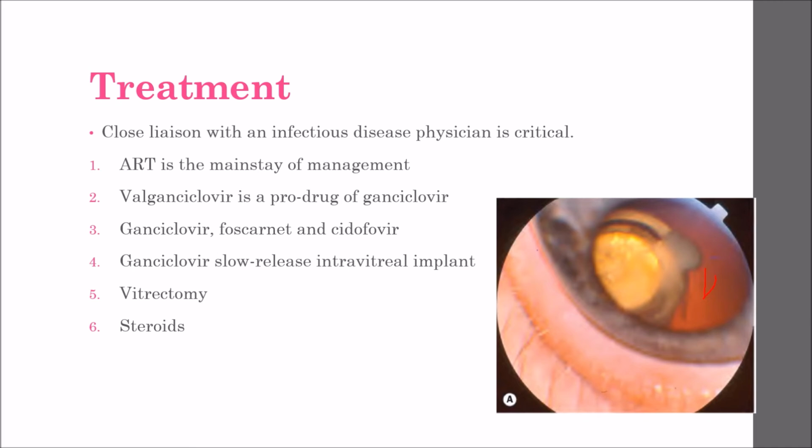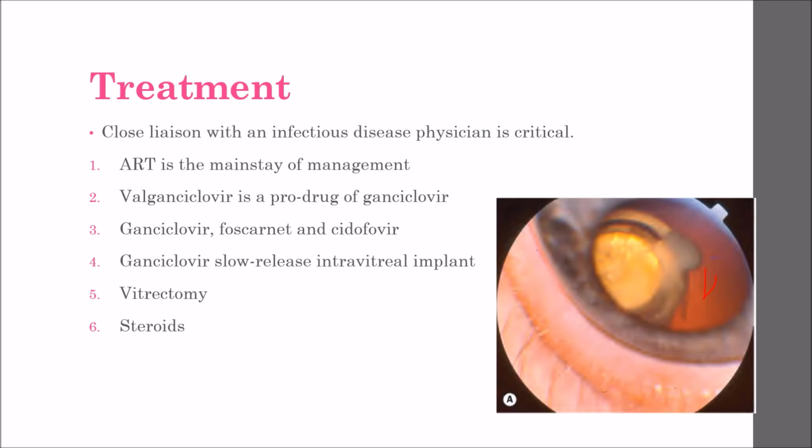Vitrectomy with endolaser demarcation and silicone oil tamponade is successful in around 75% of CMV-related retinal detachments. Now we come to steroids, which may be required for immune recovery uveitis, though intravitreal and systemic administration should be used with caution in HIV patients.